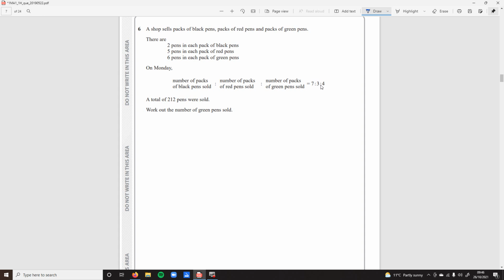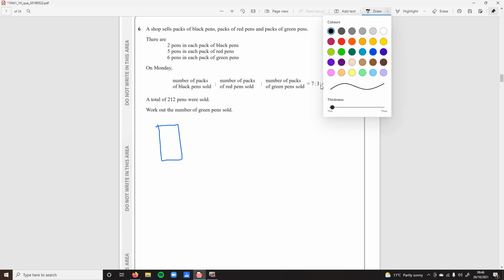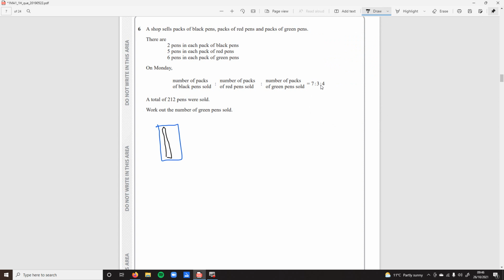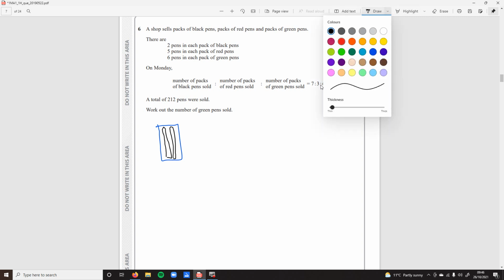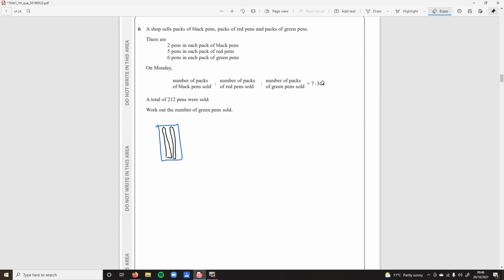I don't know why. Two pens in each pack of black pens. Let me draw it, sometimes that helps. That's gonna annoy me, that's blue. Let's make that black.